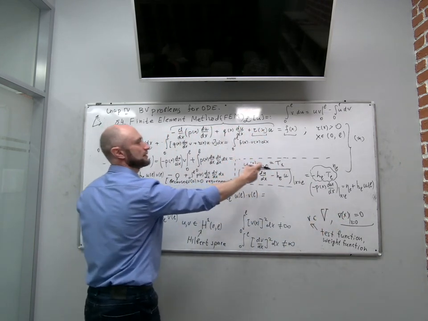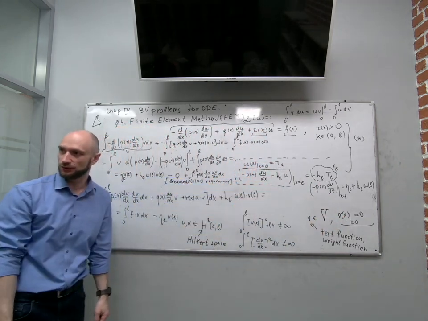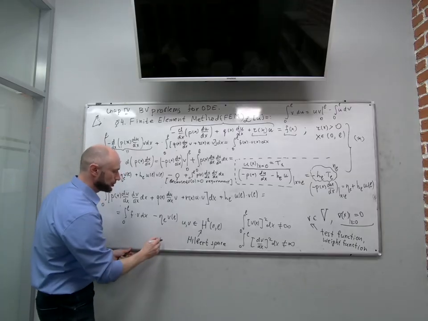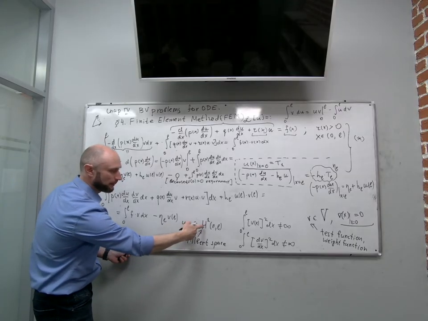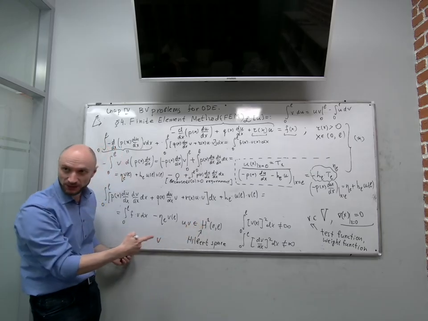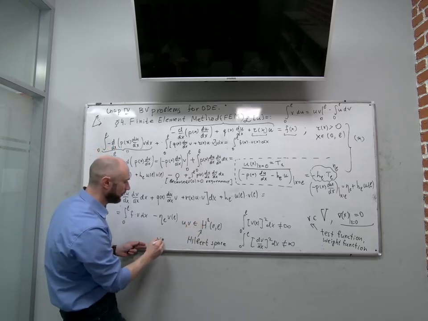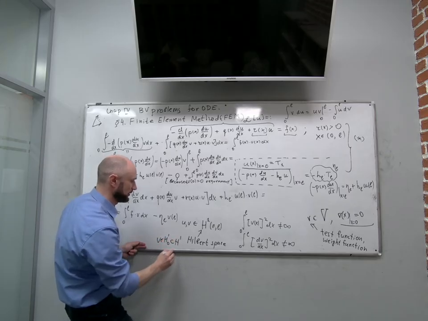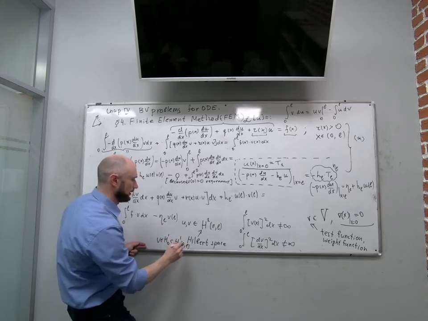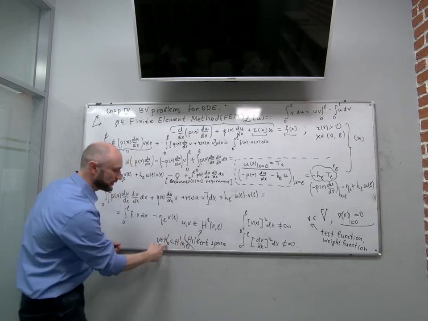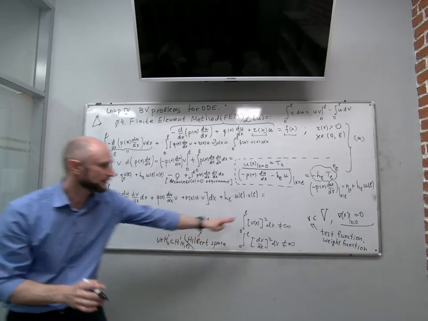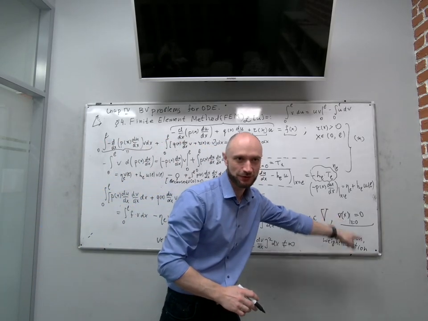Function u has its own condition on the left hand, right? So function v should not only be the element of this space, but it should be an element of a subspace of this space. This H10 is a smaller set of functions, only those that satisfy these conditions plus this condition.